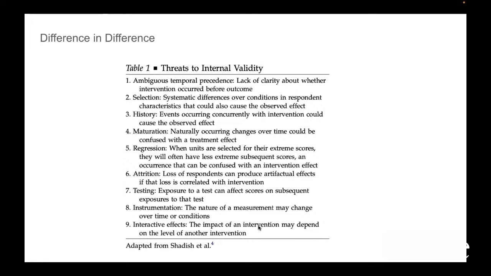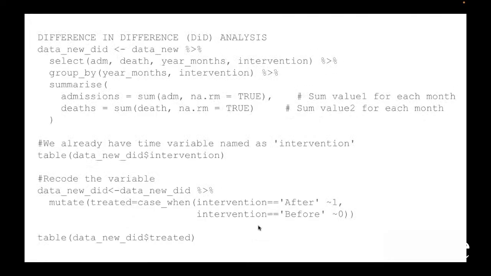The counseling itself has levels, inferior and superior. So the intervention may depend on the level of another intervention, and then they can affect the outcome. Maybe you have to find a way to account for the inferior or superior effects. And that's why we need difference in difference.